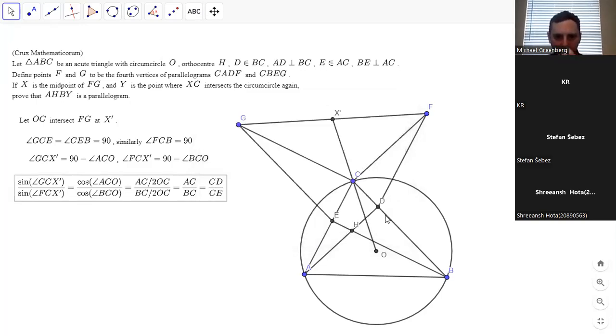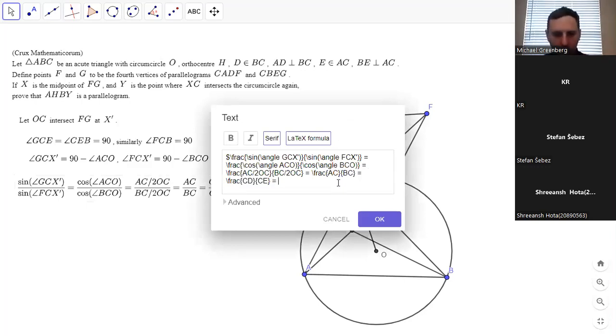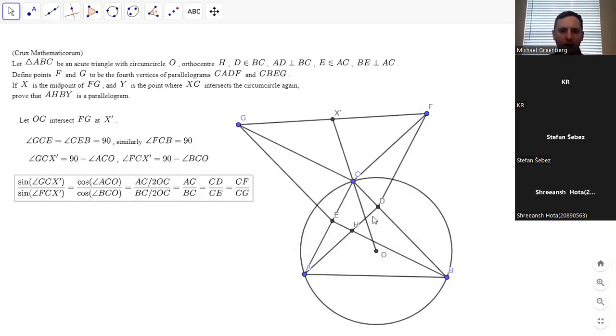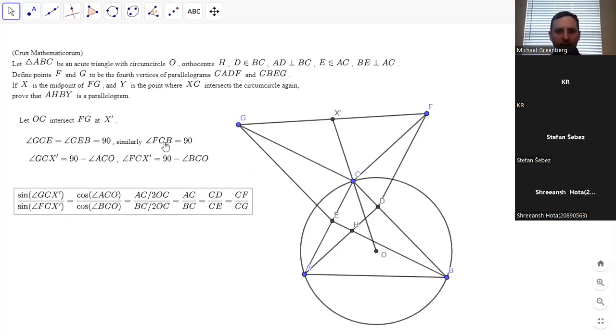And that is CF over CG, because those triangles are similar. So because that's true, I'll just write those similarities.